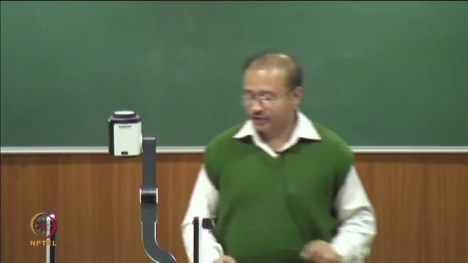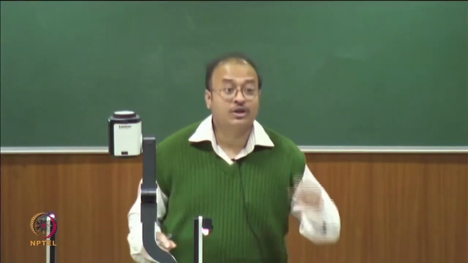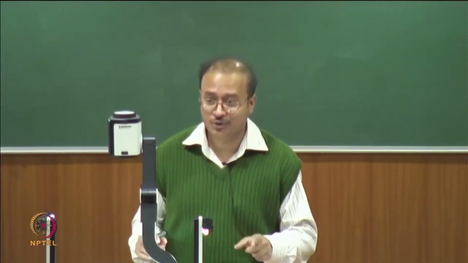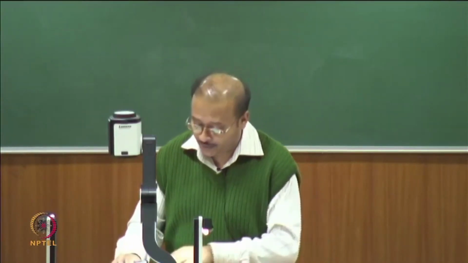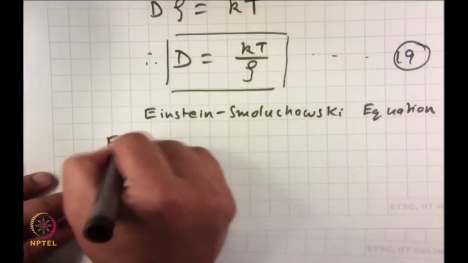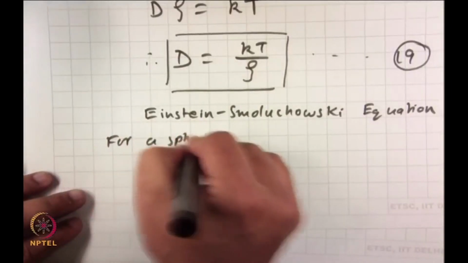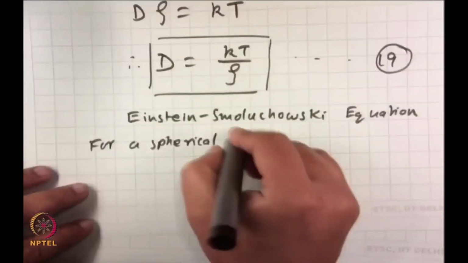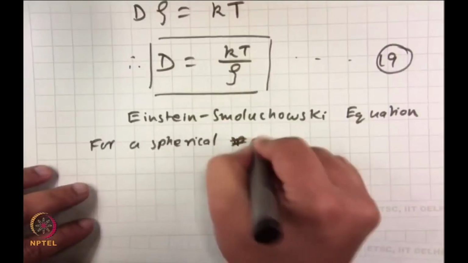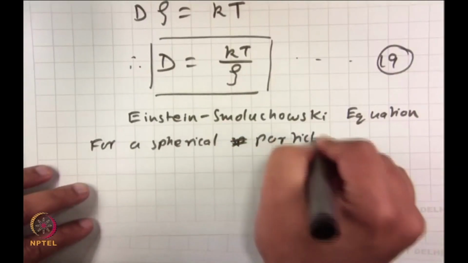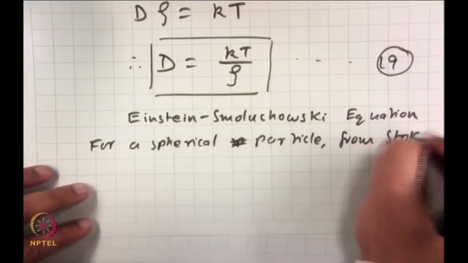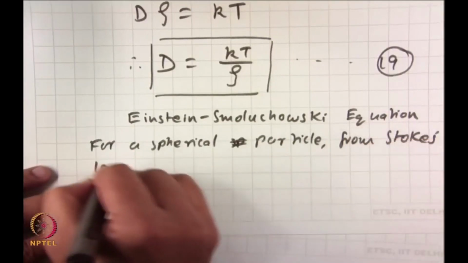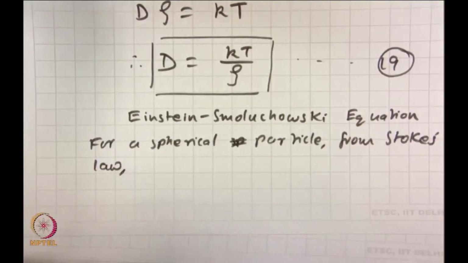Now, the friction coefficient, this is something which you definitely know. So, do not say no now to me. You have heard of Stokes' law, right? For a spherical particle, from Stokes' law, what do we have?